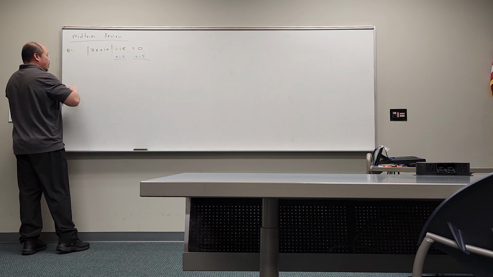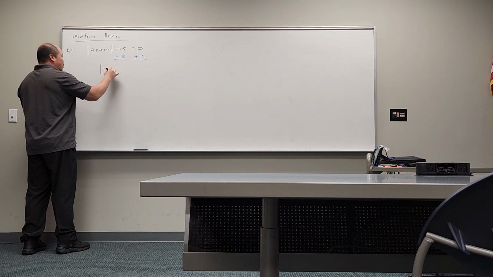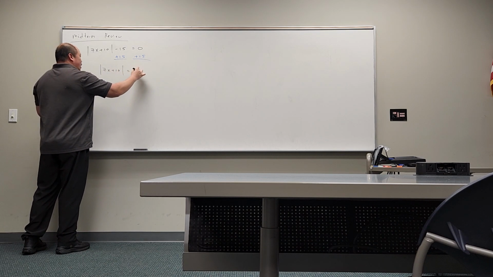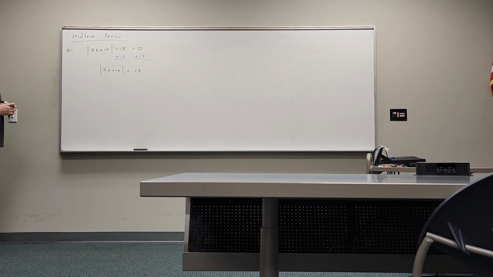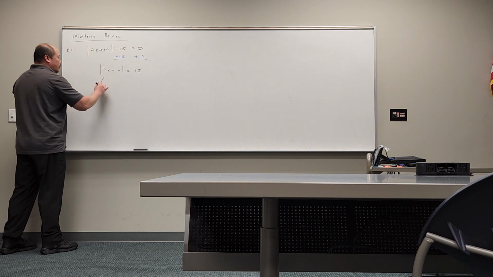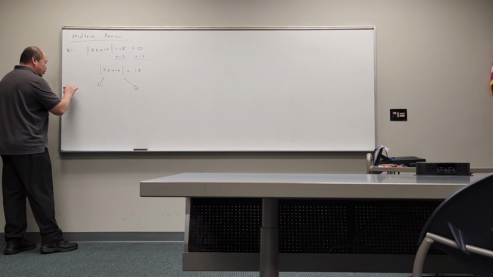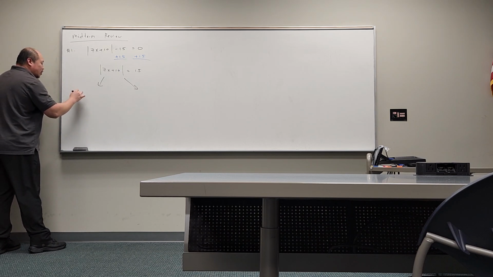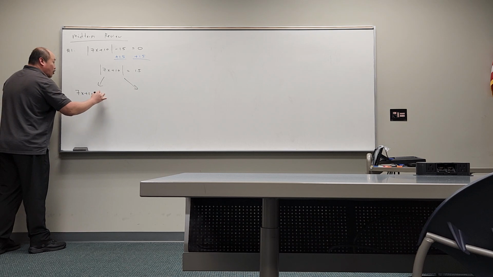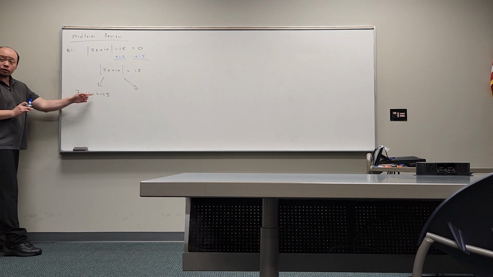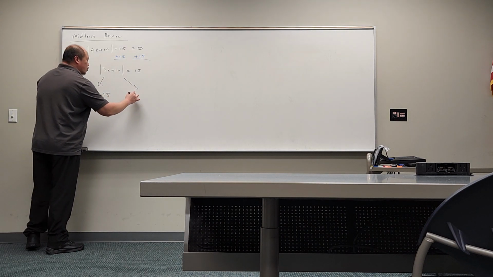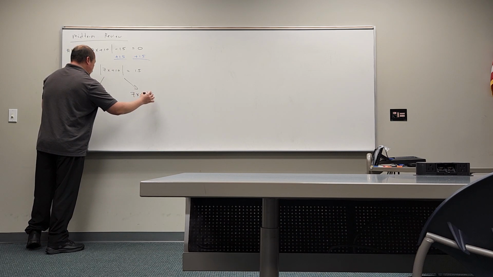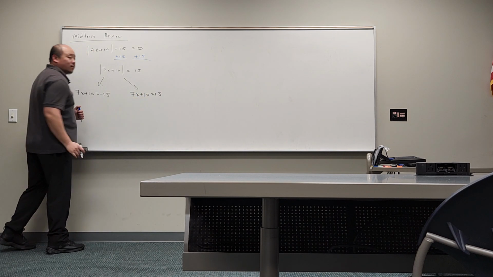So that will be absolute value of 7x plus 10 equals positive 15. And what the absolute value will do is, you will get two answers: 7x plus 10 equals 15, the positive version, and 7x plus 10 equals negative 15, the negative version.